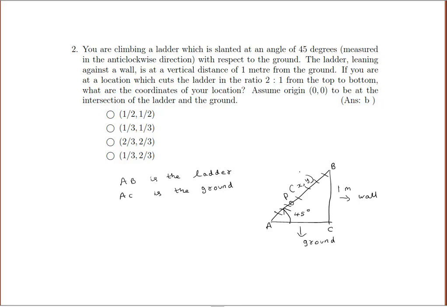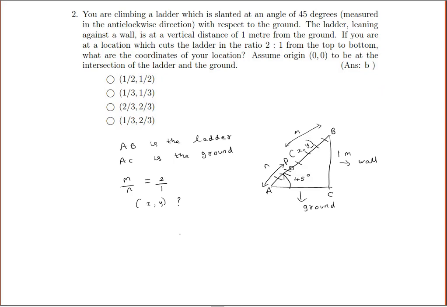So let's call this portion M, and this is N. So M by N is 2 by 1. From the top to bottom, what are the coordinates of your location? Basically we have to find the coordinates of P. So x, y is what we need to find.